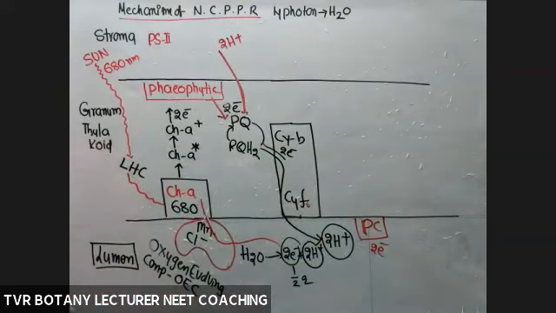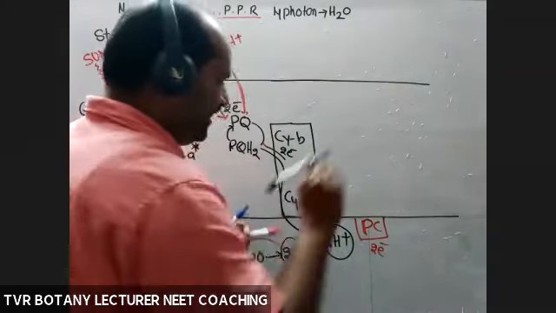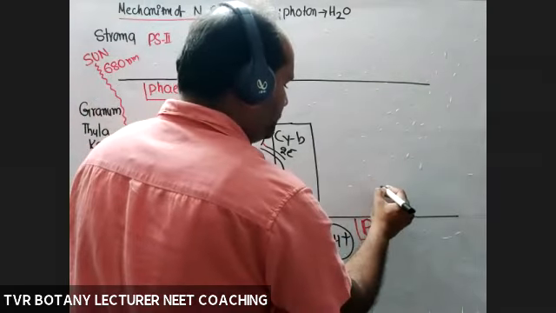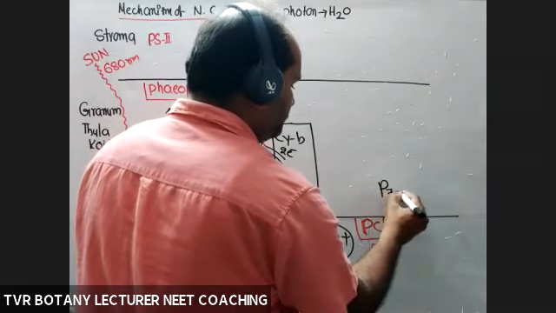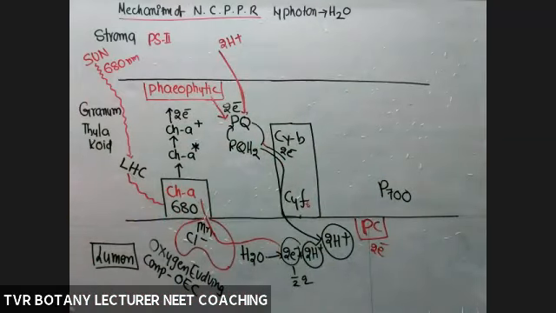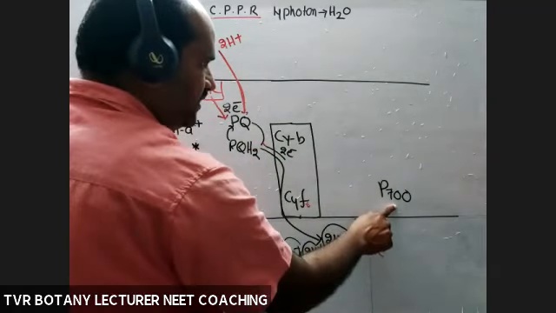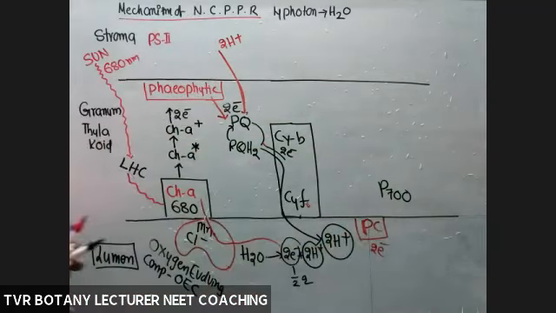After donating 2 electrons, this one is oxidized and this one is reduced. To accept the 2 electrons present in PC, the next electron acceptor must be deficient in 2 electrons. What is that next electron acceptor? P700, that is photosystem 1. First involved is photosystem 2, second involved is photosystem 1.